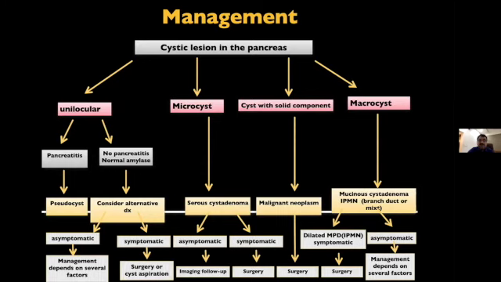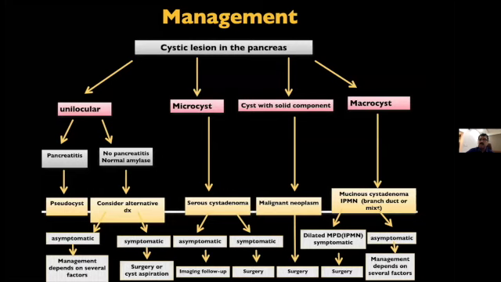If the patient is symptomatic, consider a resection, surgery, or drainage of the cyst, depending upon the situation. But if it's a neoplastic cyst, resection is always indicated. If it is a microcyst, the patient having a serous cystadenoma, they're asymptomatic, you can do imaging and follow up. If the patient is symptomatic, do surgery.